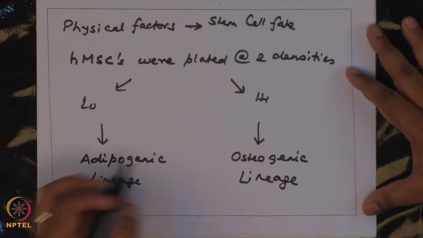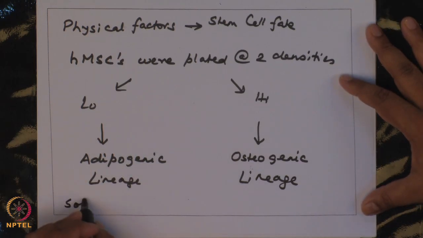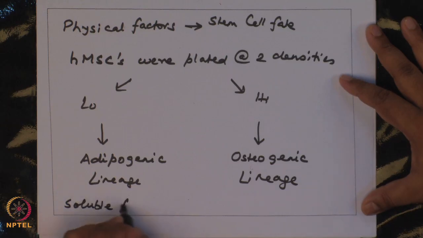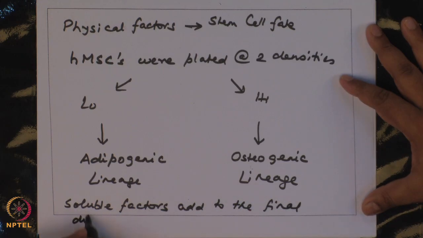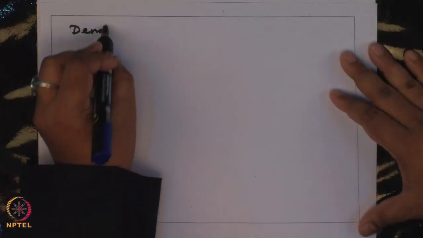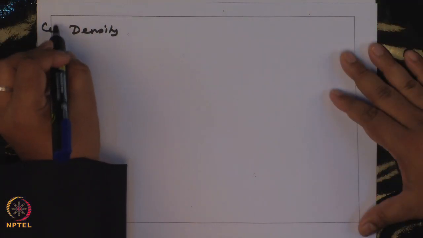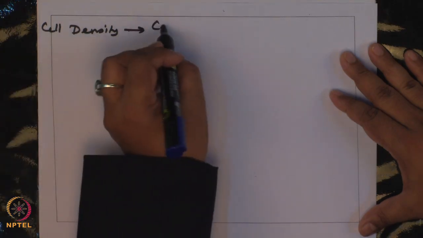Of course, you have soluble factors that add to the final differentiation state. To understand why this density dependent effect was observed, the authors speculated that cell seeding density is indirectly regulating cell shape.